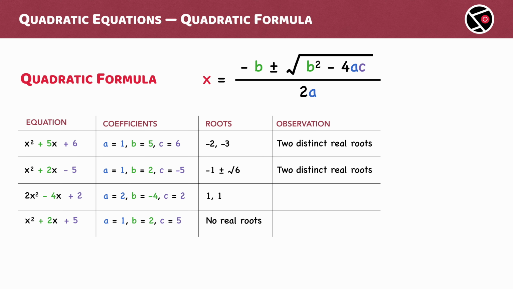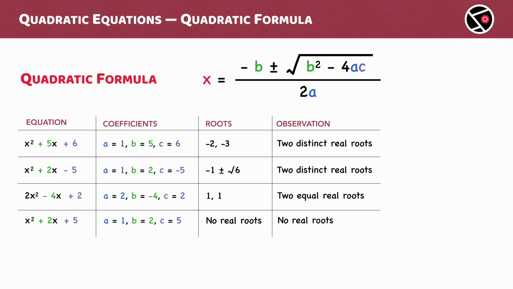Our next example, 2x squared minus 4x plus 2, has two equal real roots, 1 and 1. X squared plus 2x plus 5, our last example, has no real roots.